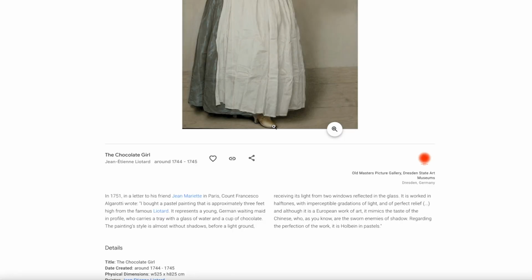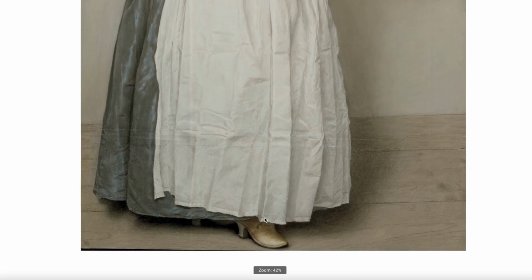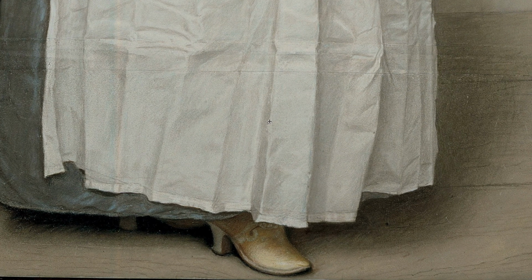The shoes also, I really love the shoes that she's wearing. I think they are adorable. But again, I think it's a little too much to try and be accurate with these, especially for how little they show in this painting.